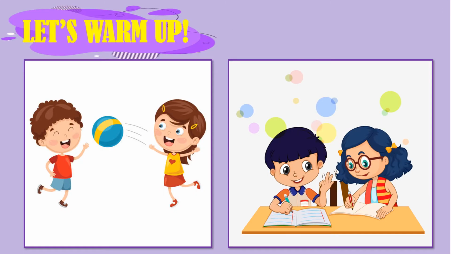Before we go on to our main topic, first, let's warm up. Let us examine the pictures. Describe the things that the characters do in each picture. In the first picture, we can say that the children play ball.